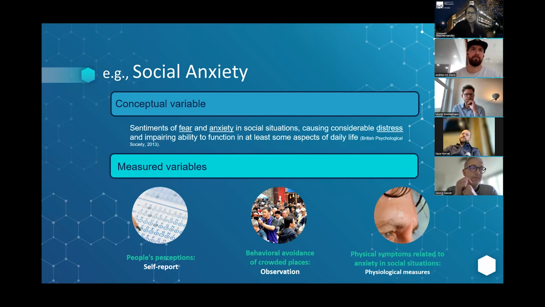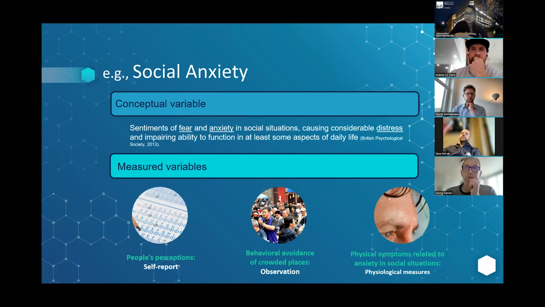Social anxiety, for example, we can define as feelings of fear and anxiety in social situations, causing considerable distress and impairing ability to function in at least some aspect of daily life. So this is the abstract variable, the conceptual variable, right? And how can we measure it? So how are we actually operationalizing this conceptual variable?